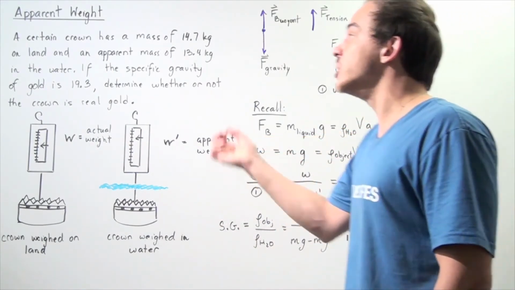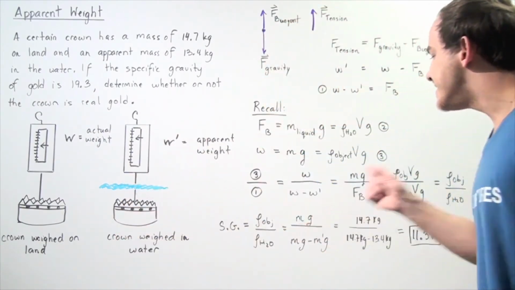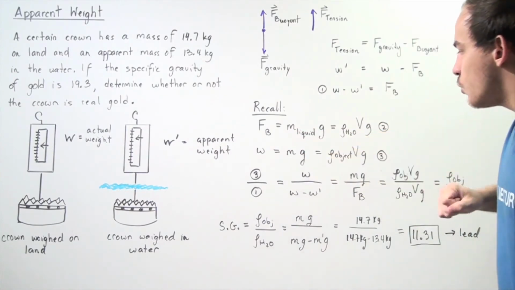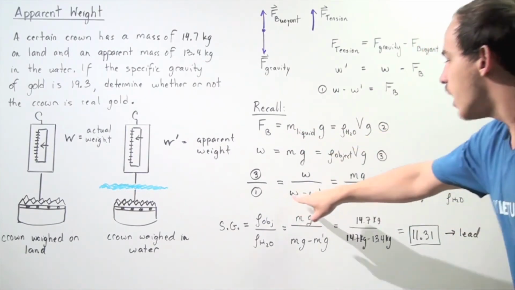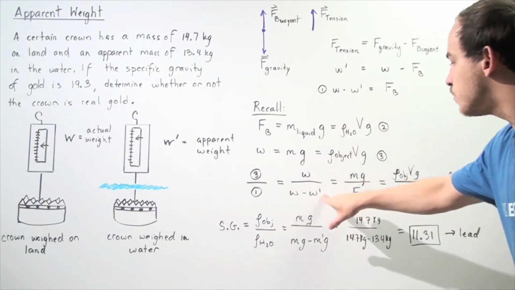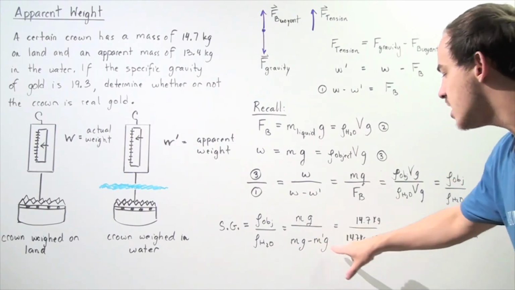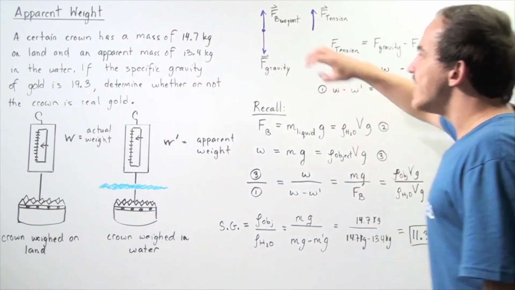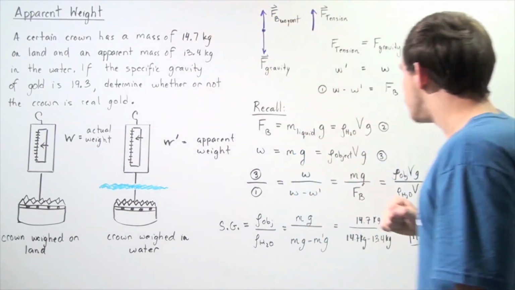The ratio we're looking for to begin with is equal to, well, we have this divided by this, and W is simply M times g, and W prime is M prime times g, where M prime is the apparent mass of the object, and M is the actual mass of that object.